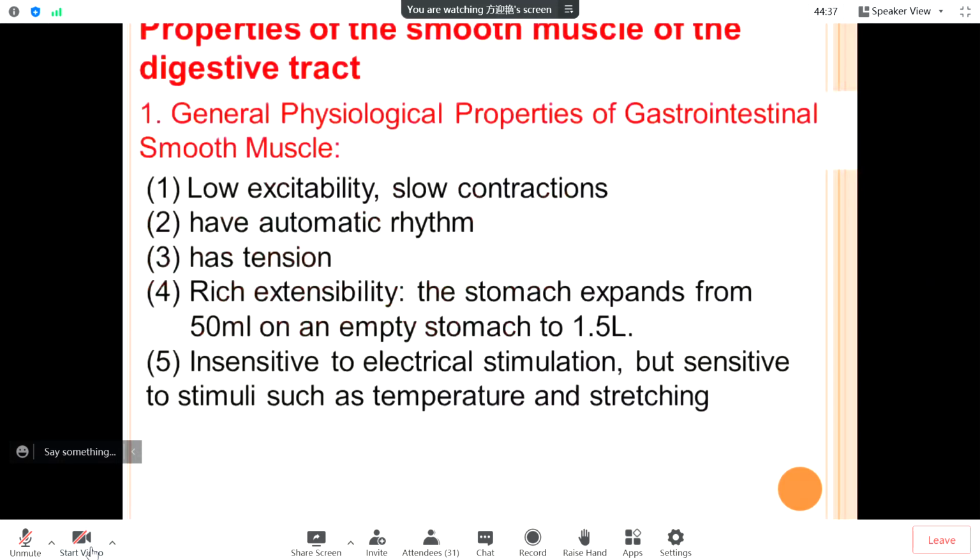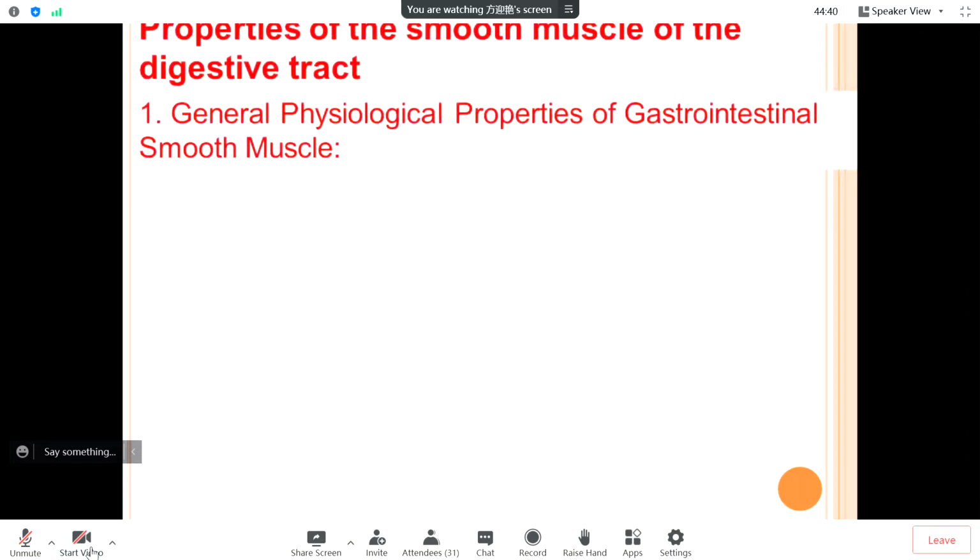We know the properties of the smooth muscle. First, the general physiological properties of the gastrointestinal smooth muscle.